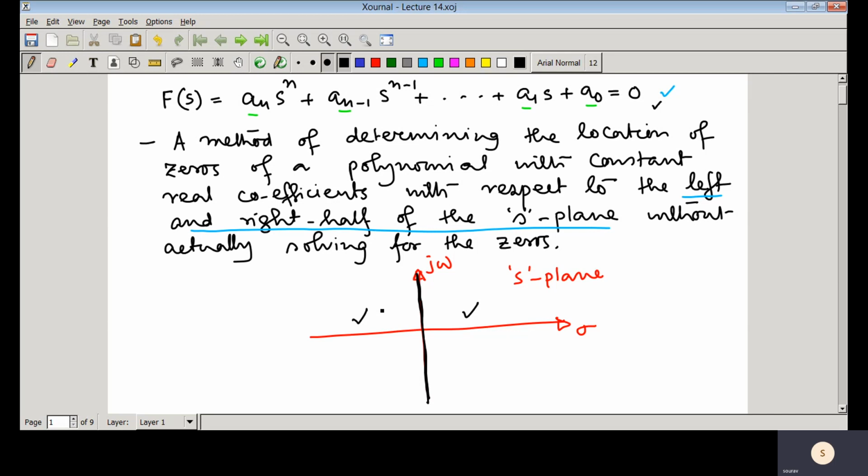Another limitation is that this criterion is only applicable to polynomials with constant real coefficients. If the coefficient is time varying, complex or exponential, we cannot apply this criterion.